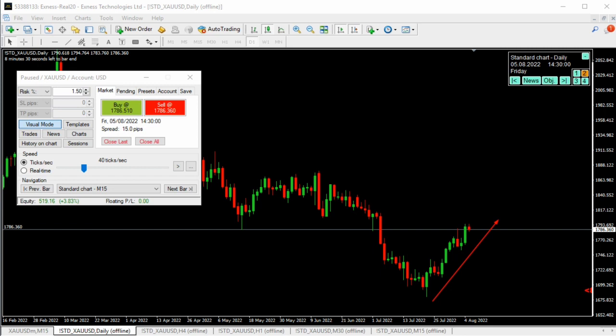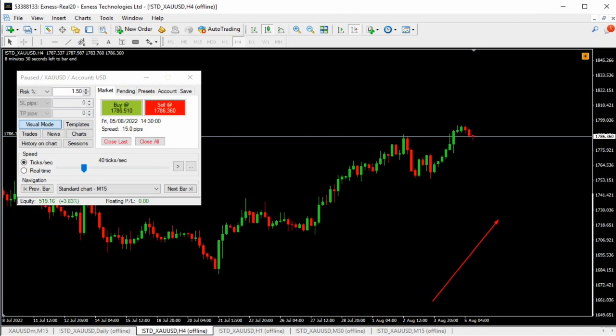So we move on to the H4 time frame. We can see that price is retracing from that upward movement. Price probably wants to grab liquidity to push to the upside.